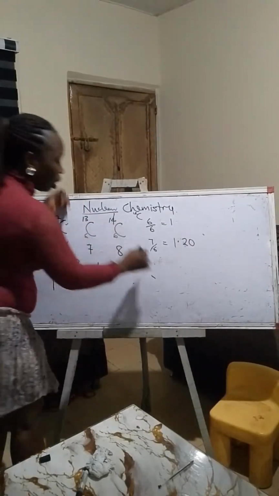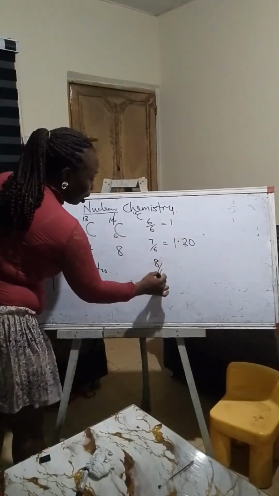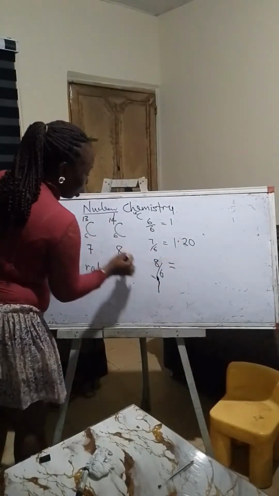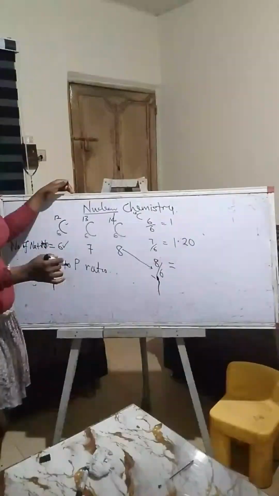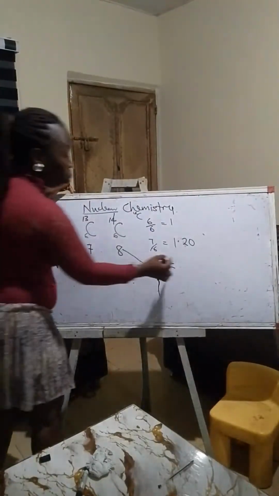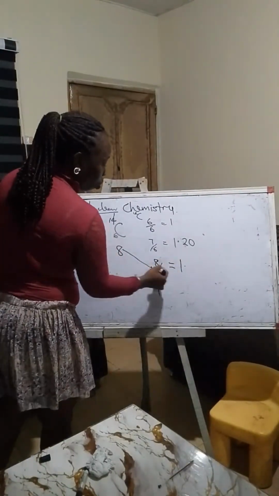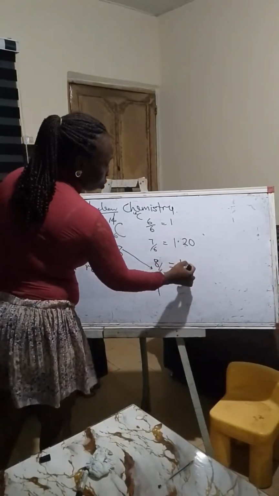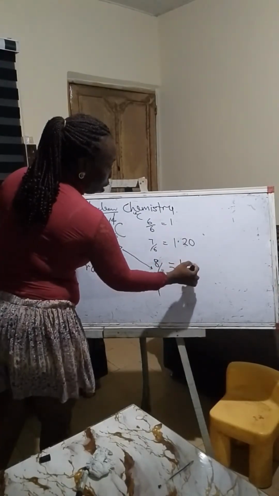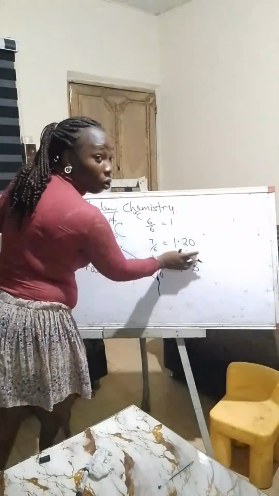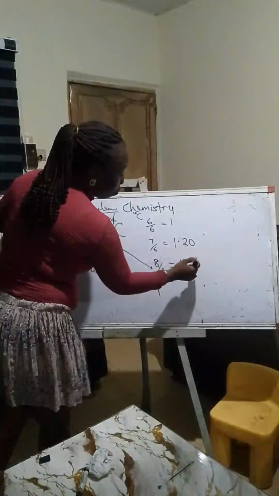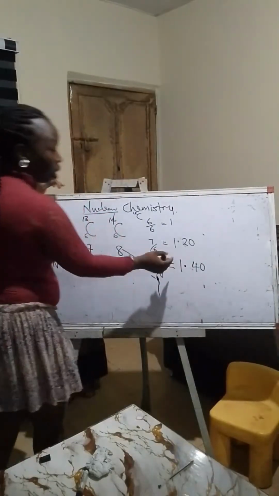But if you look at 8 divided by 6, which is for this carbon 14, 8 divided by 6 is what? 1.3, or we have it as 1.4. So you see it is higher.